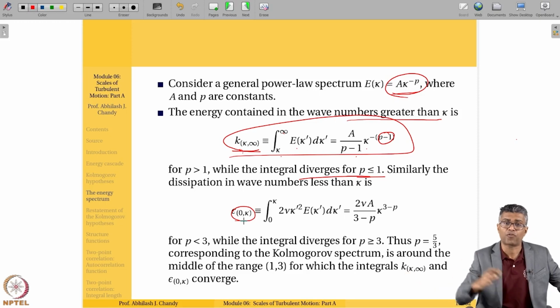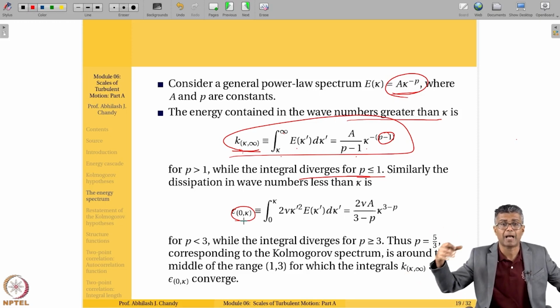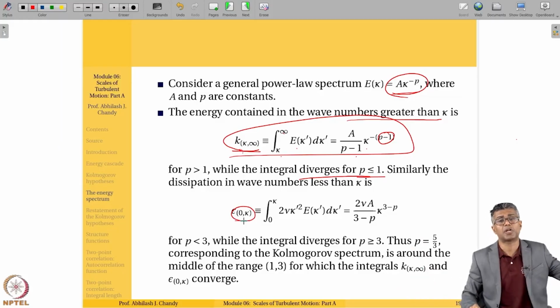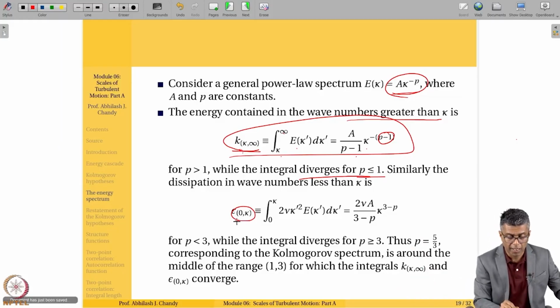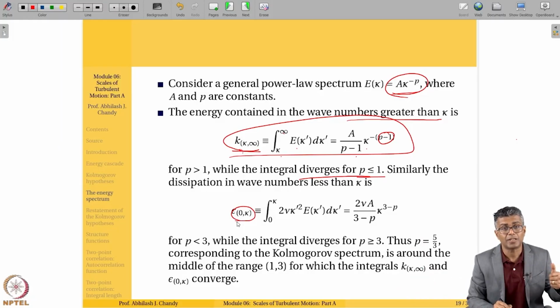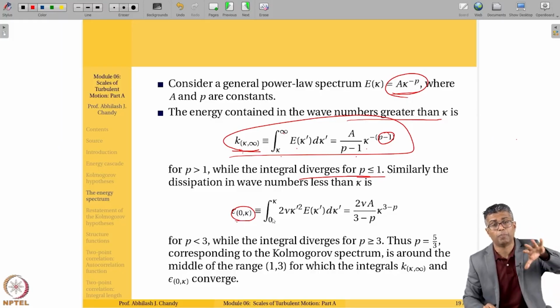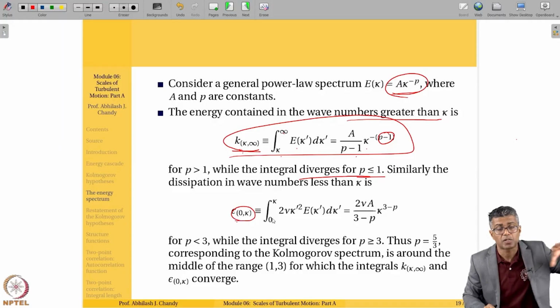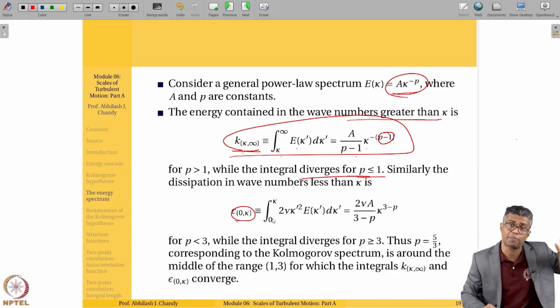Kinetic energy comes from the larger scales. Production happens at the larger scales, dissipation happens at the smaller scales. So when I take epsilon, the integral from 0 to kappa, I will take 0 to kappa only because the energy dissipates towards the smaller scales.